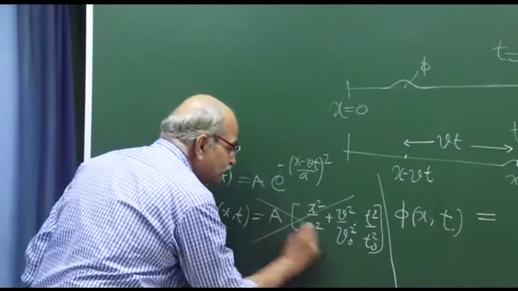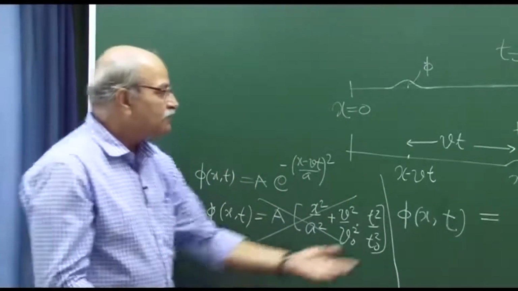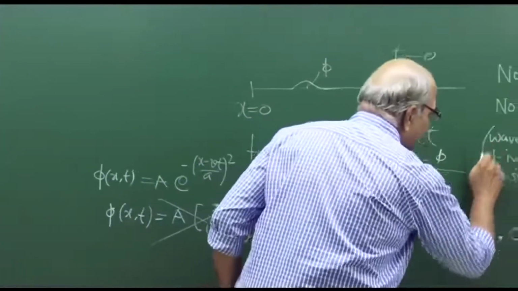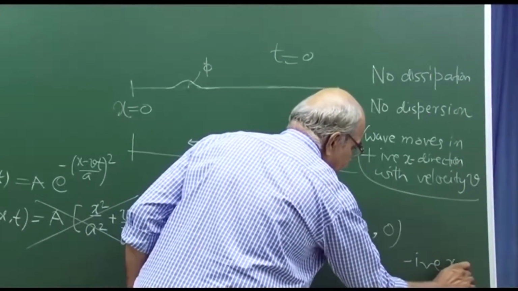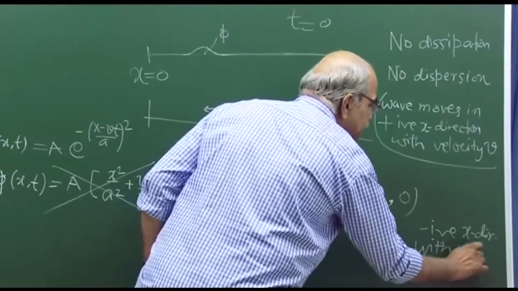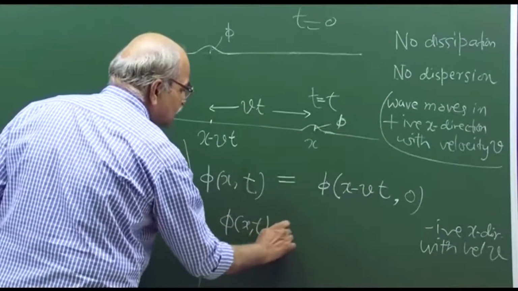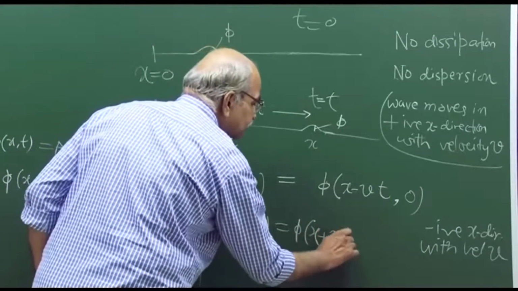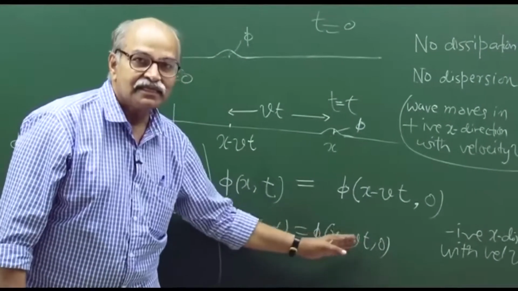So, this is not a wave, it must come in this combination. And similarly, if the wave is going in negative x direction with velocity v, this will be phi x t equal to phi of x plus vt, 0. So, the functional form must have x and t coming in this combination.